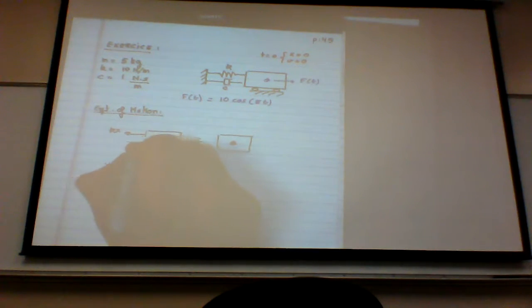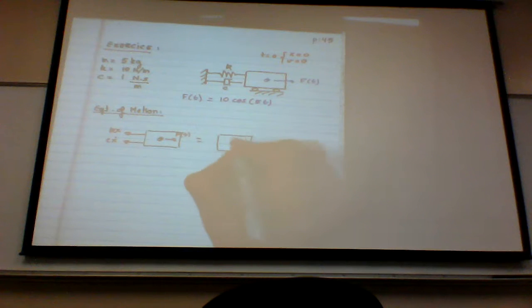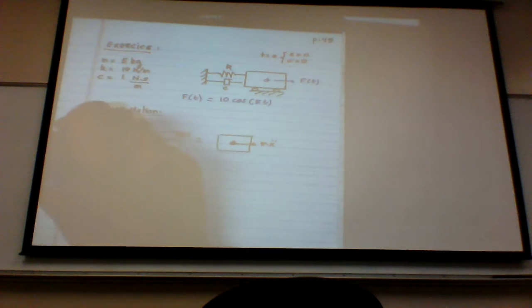Okay, x, C x dot, f of t, m x double dot. This will be step 1, diagram. Step 2, Newton's equation.